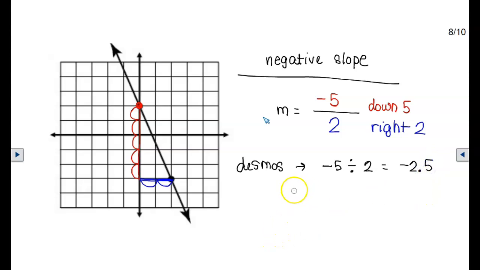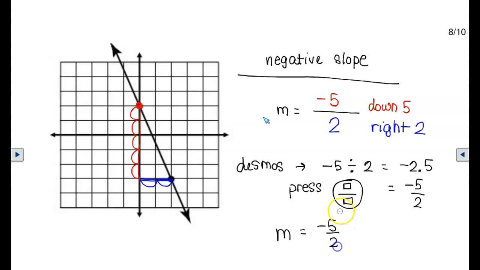I don't want a decimal, so I press or click on that little fraction icon that's near the number. And what will happen is this will change back to -5/2, which means that doesn't reduce. So my answer on this one will be a slope of -5/2.